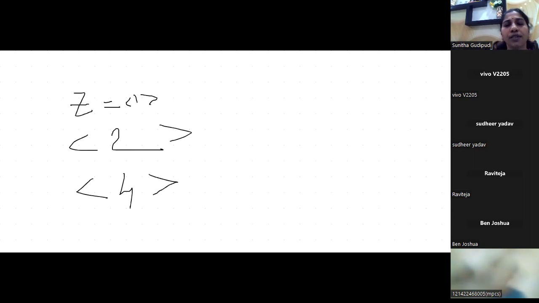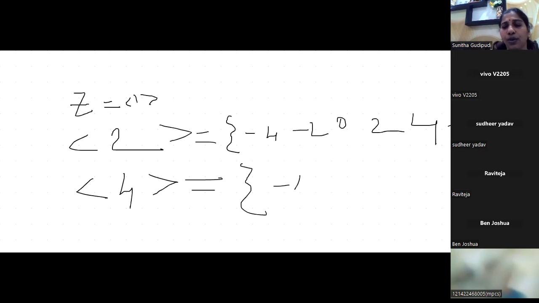Now, what is this ideal generated by 2? It consists of all the elements, say, -4, -2, 0, 2, and then 4, and so on. Then what is this ideal generated by 4? Here, this consists of -4 and then 0 and then 4 and then 8, and so on.